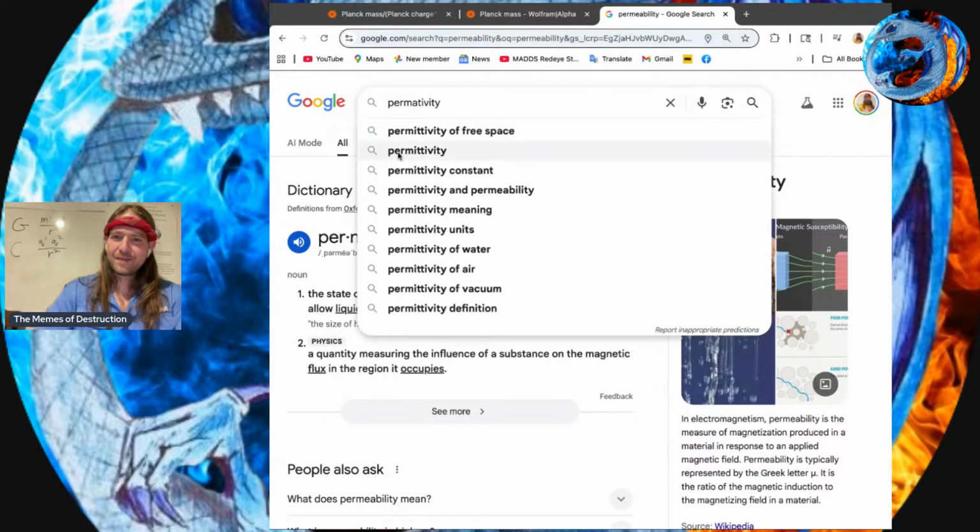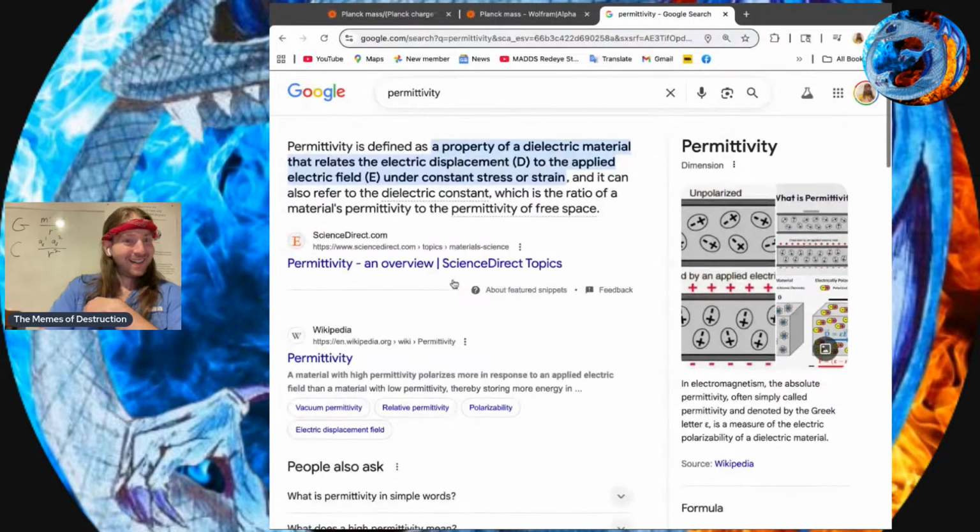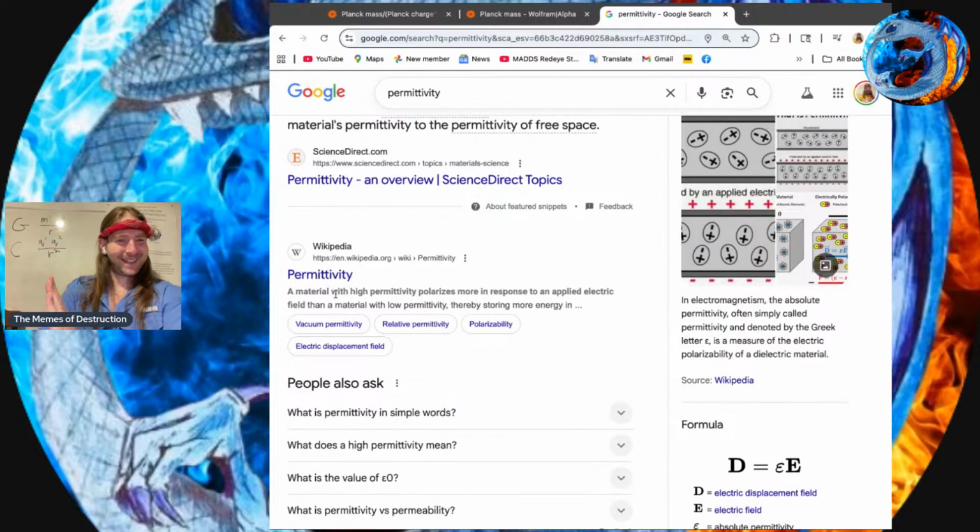Permittivity is defined as the property of a dielectric material that relates the electric displacement to the electric field. I just want the general thing before we even get to the specifics. A material with high permittivity polarizes more in response to an applied electric field. Okay, so that's the other ability, the ability for the stuff to do things. That's just my base reaction again. If there's any electrical engineers in the audience, please correct me.